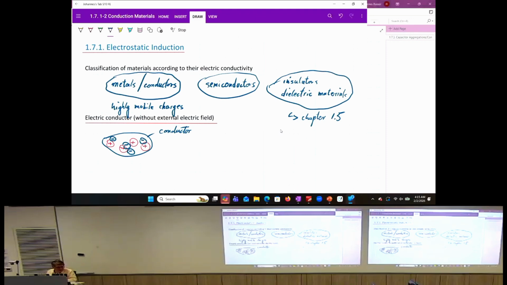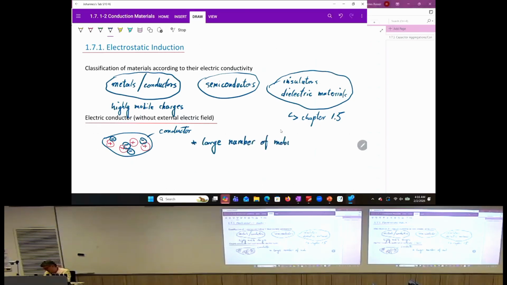I made them plus and minus here, so you know that the atoms that make up this conductor have a positively charged nucleus, but there are also electrons around those, and some of these electrons at least are free to move. So these are the mobile charge carriers. Yeah? So you have a large number of those mobile charge carriers.